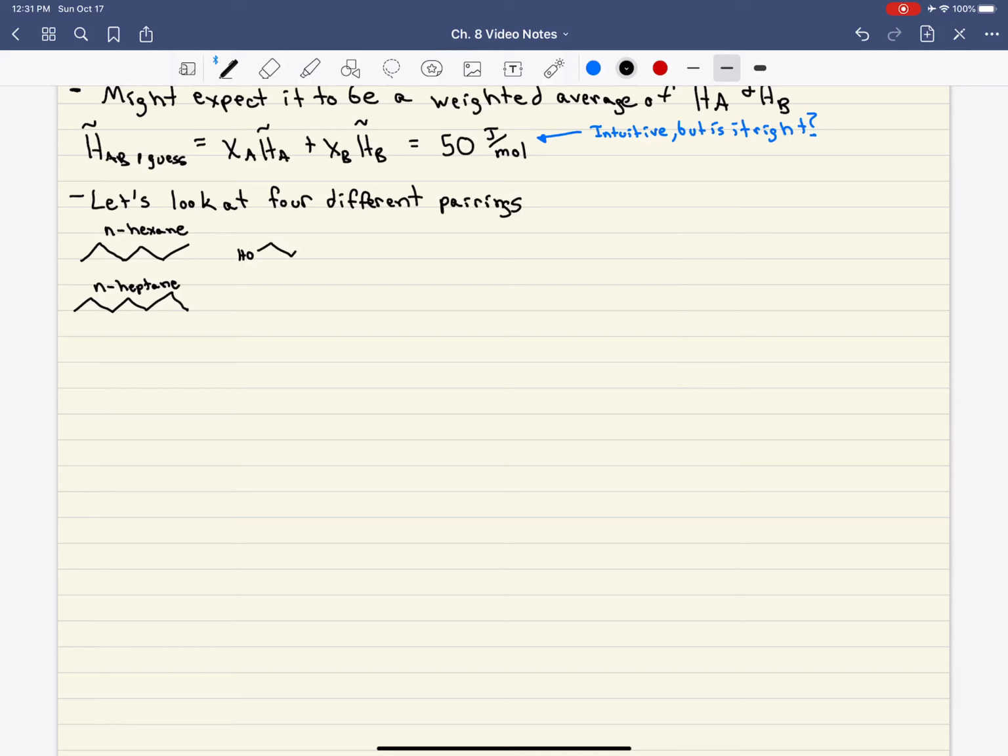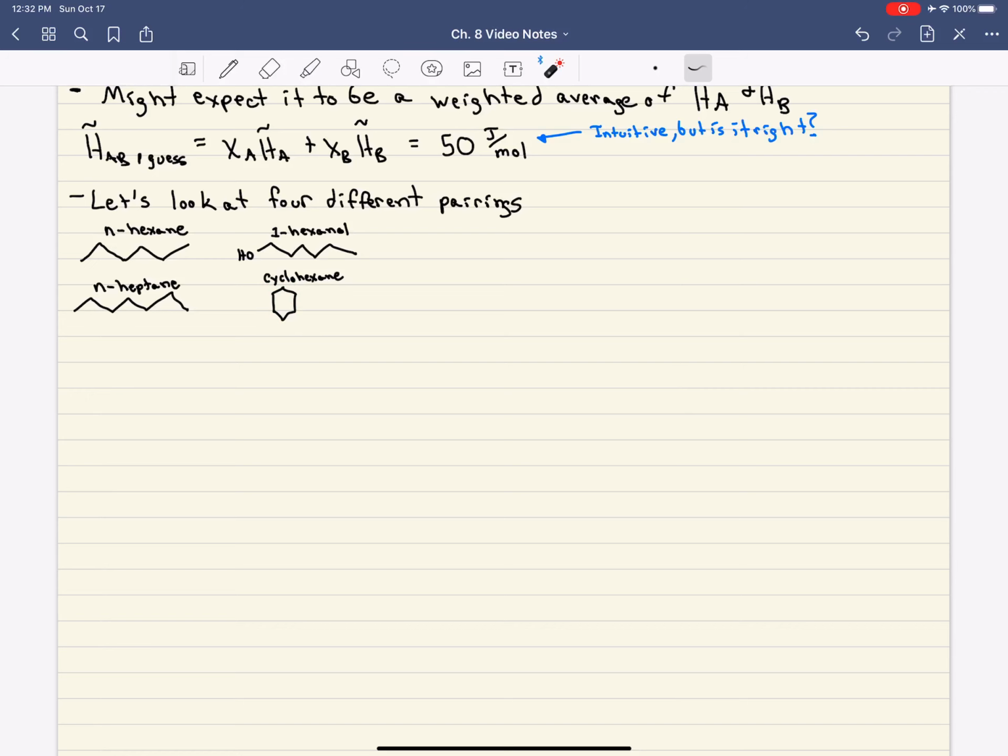We'll also look at 1-hexanol, which is just like N-hexane, except now it has this extra hydroxyl on the end. The last chemical we'll look at is cyclohexane, which has the same number of carbons as N-hexane, but now the ends have been bonded together.